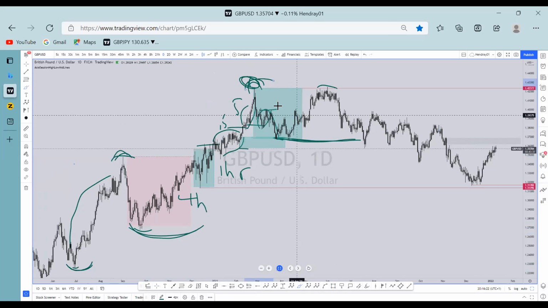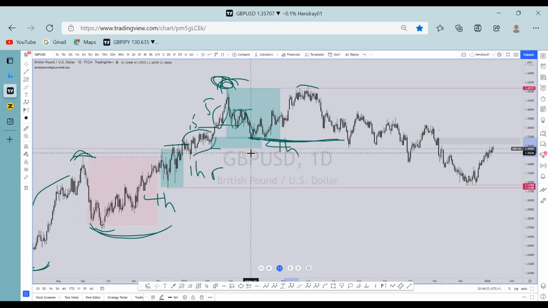So where we have this deep pullback is now a new 4-hour structure, which is the major internal structure. So in as much as we've now broken a 4-hour structure, the moment we break this new 4-hour structure, price has a higher chance of coming to raid all other smaller time frame structure down to even 1 hour.